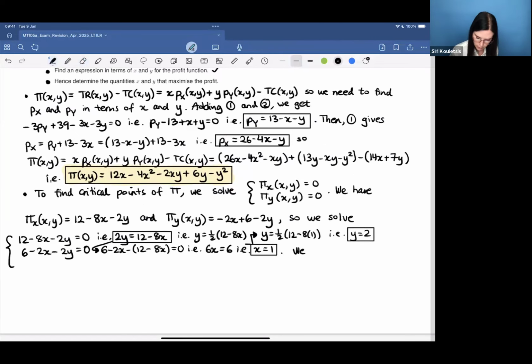So now we take the first order partial derivative of pi with respect to x, and we partially differentiate with respect to x one more time.